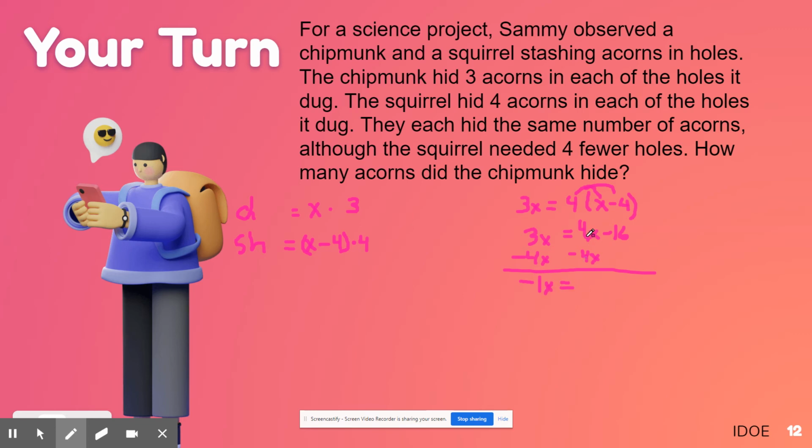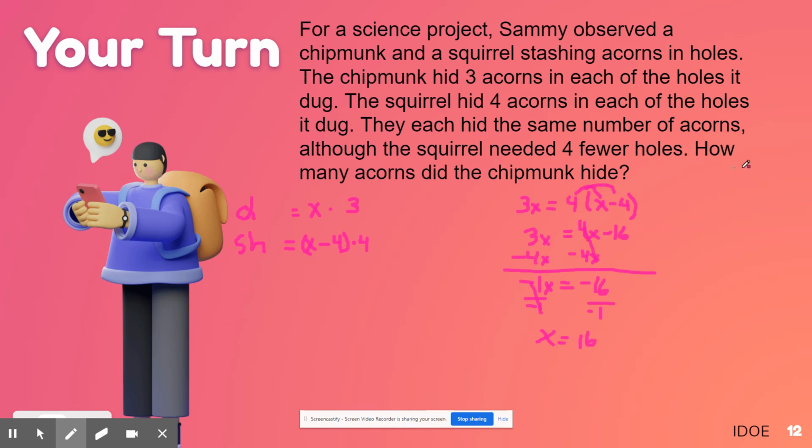These cancel. Negative 16 drops down. We divide by negative 1 on both sides. These cancel. X drops down. A negative divided by a negative is positive. 16 divided by 1 is 16. So I now know that the chipmunk dug 16 holes.